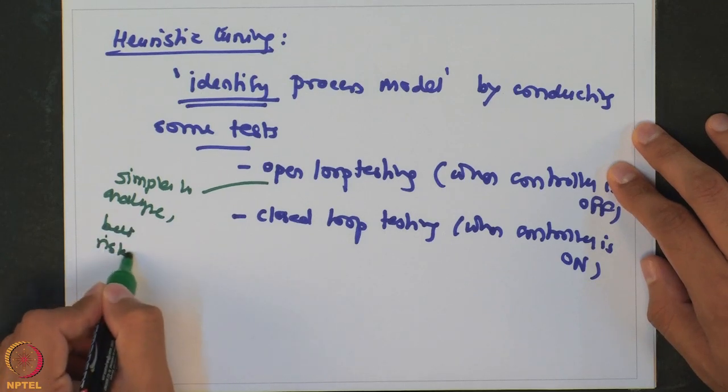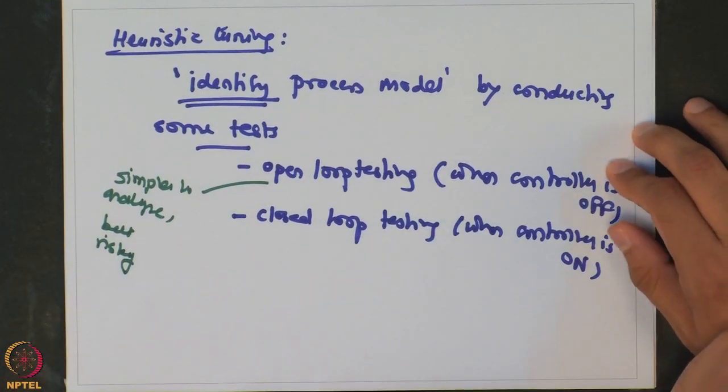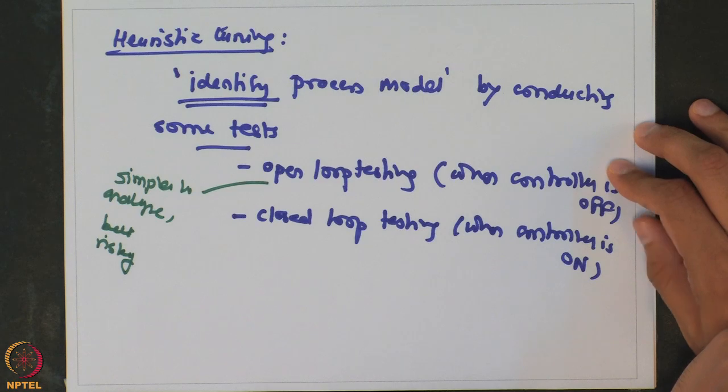But risky, because you are switching off the controller, so there is no guarantee that the system would remain stable or your product would remain close to your set point value. So in that case you are putting a lot into the hand of the operator, and if the operator is not experienced, he may drive the process towards instability.